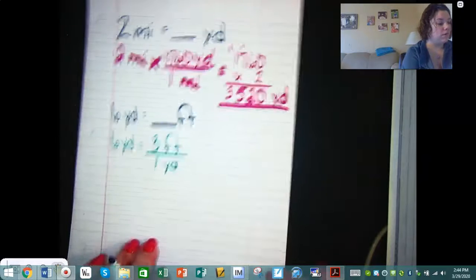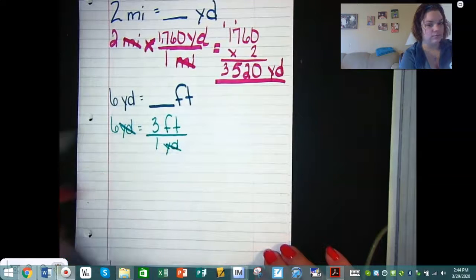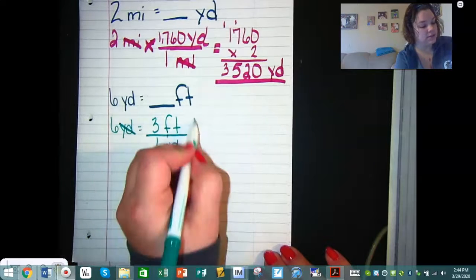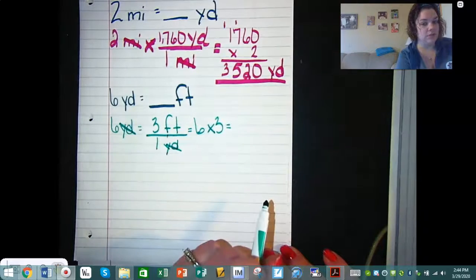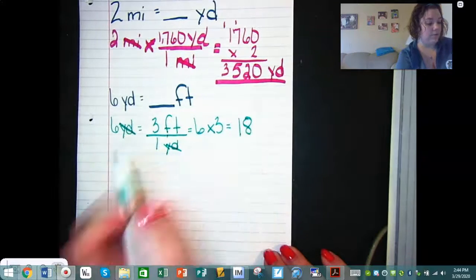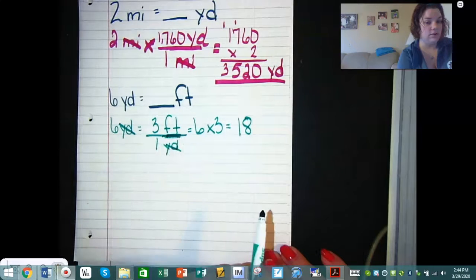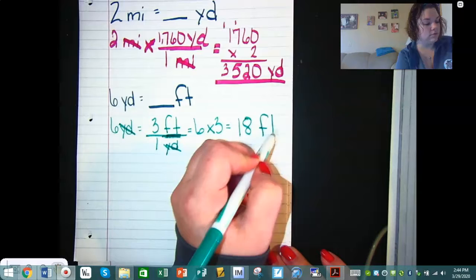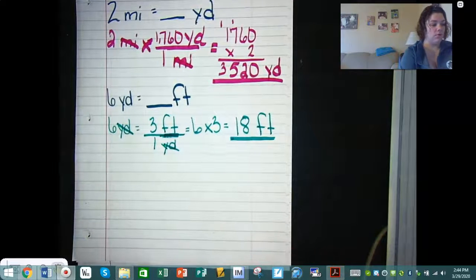So we're going to cross out the yards because they cancel each other out, which leaves us just with the feet. That would be 6 times 3, and 6 times 3 is 18. Remember, that's not our final answer because we have to add our ending unit, which is feet. 18 feet is our answer.